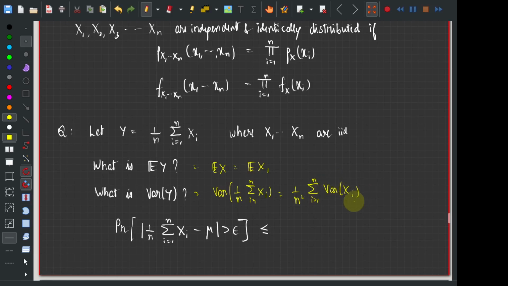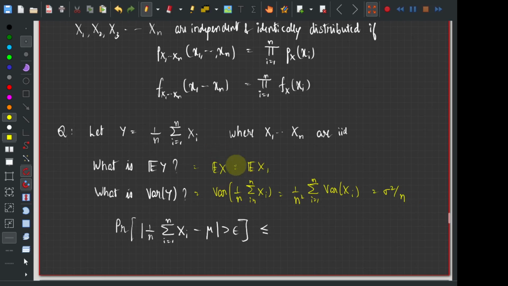So what I get here is n times sigma square by n square, which is sigma square by n. Okay. So if I take the empirical average of n IID random variables, then the mean is equal to the true mean. The variance is now reduced by a factor of 1 by n.